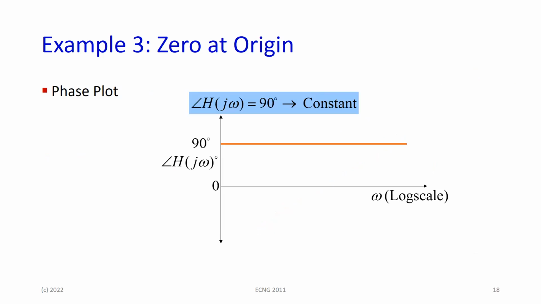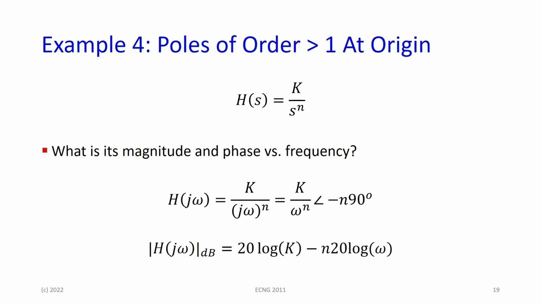And the phase, because the zero is j, is a constant 90 degrees. Right, plus 90. So we can now expand a little bit. A straight gain, H(s) equal to K, has a constant gain at 20 log K, and the phase is 0.